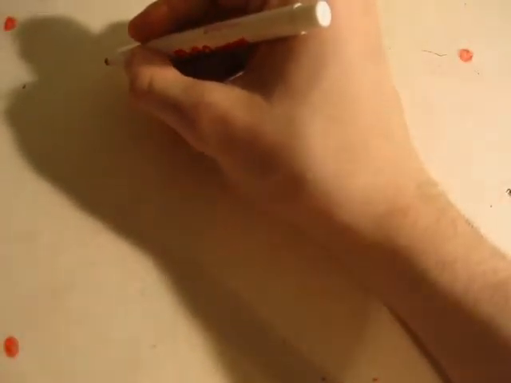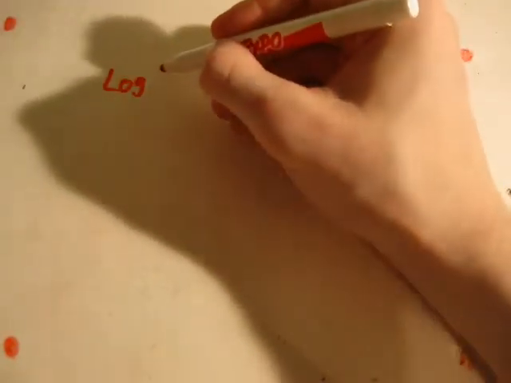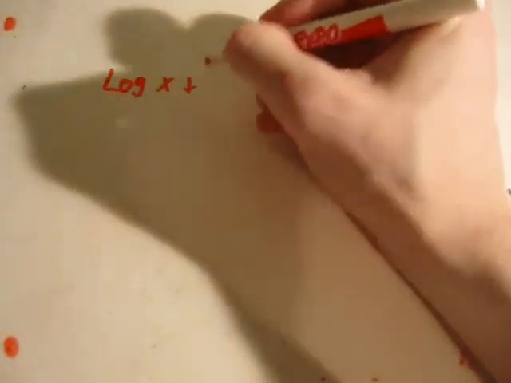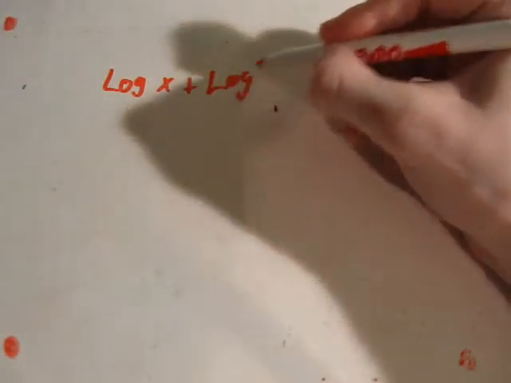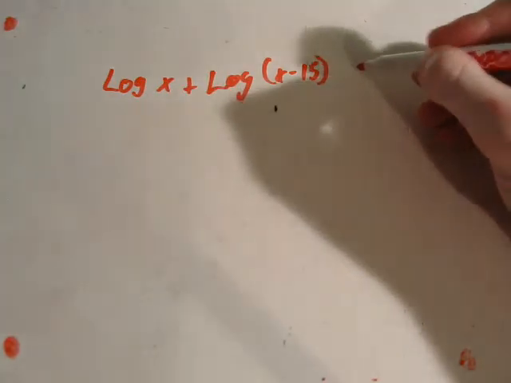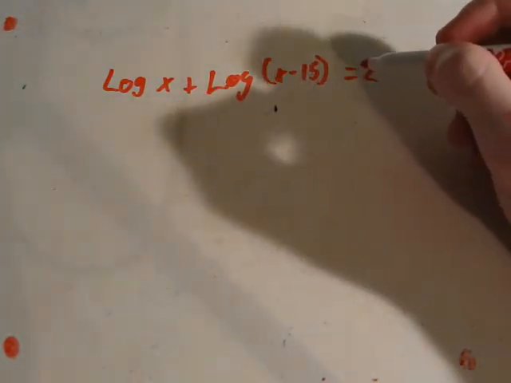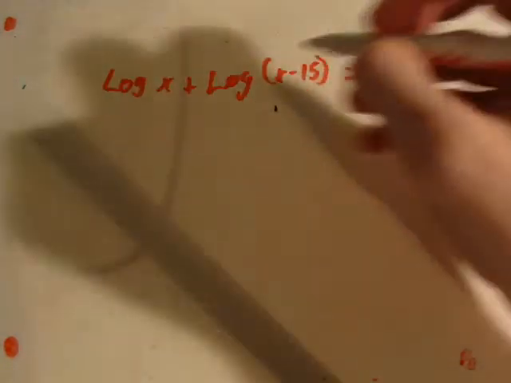Or you can get a problem such as this. Finding the x of log x plus log of x minus 15 equal to 2. Now, using what we know of the properties, we reverse this.